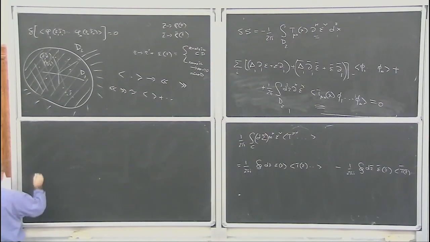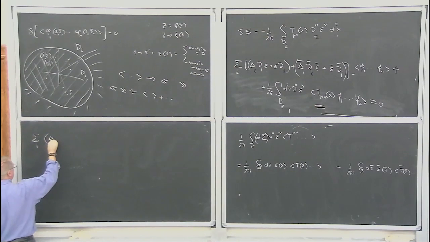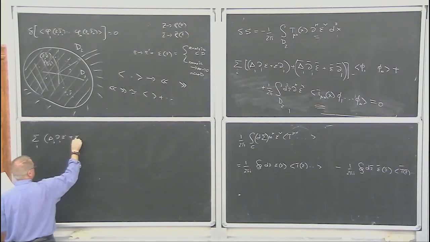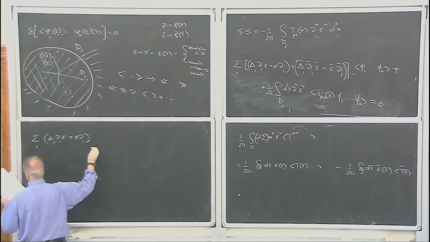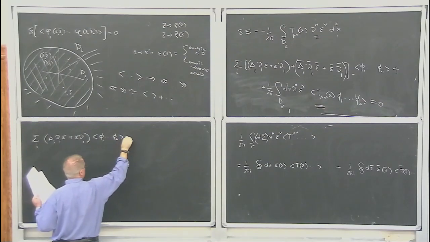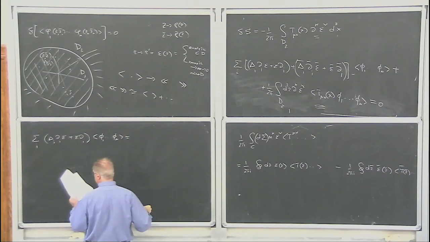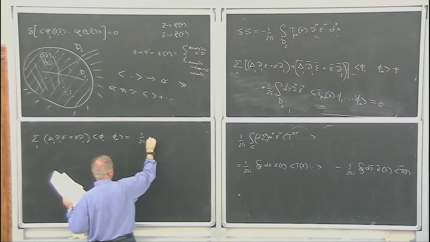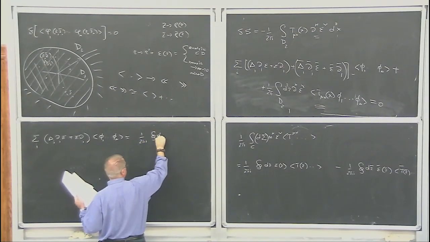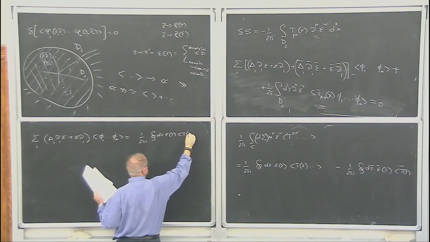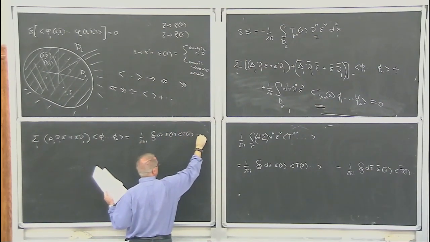So we have delta E, which is equal to 1 over 2 pi i integral dz epsilon z Tz, the field.